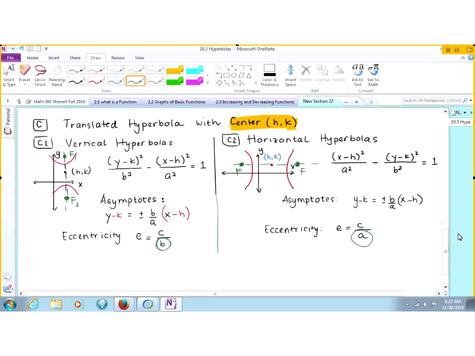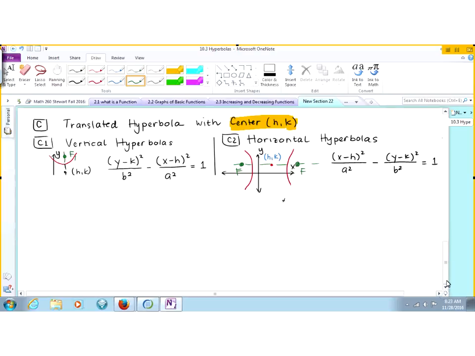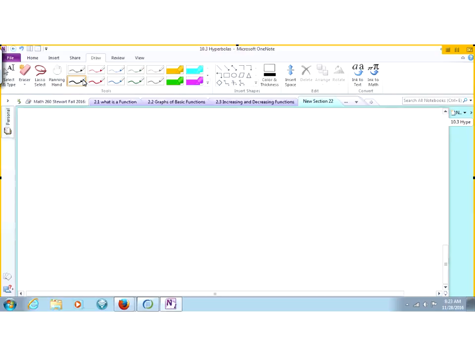Find an equation. Okay, this one, number 2. This one looks scary, but once we do it, it's not hard. So, for example, graphing a shifted hyperbola.